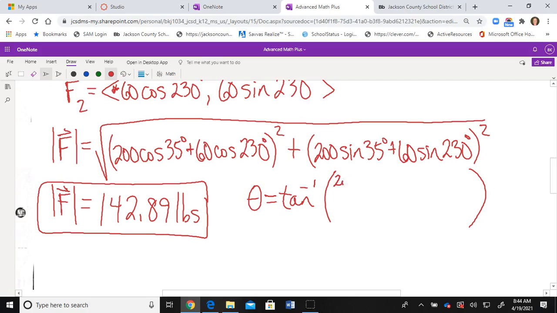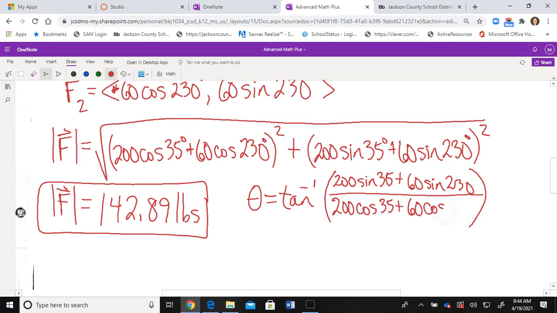So 200 sine of 35 plus 60 sine of 230 divided by 200 cosine of 35 plus 60 cosine of 230. All right. You put that in your calculator, you should get 28.76, is what I got as well.